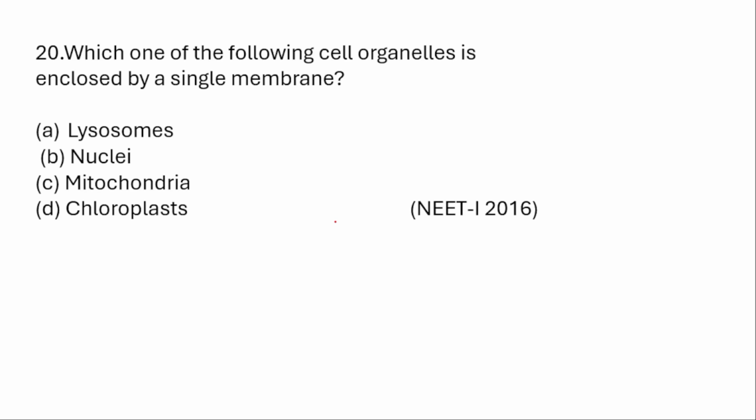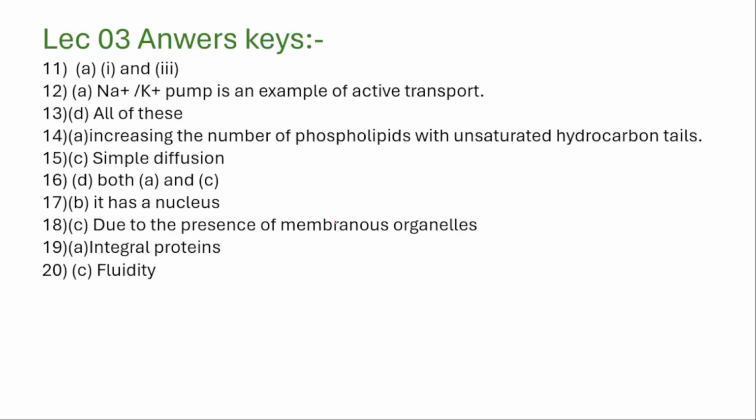NEET 2016. So these are all the 10 questions which are homework for you. Prepare your answers so that you can check them in the upcoming class. From the last class, whatever I asked you to do, the homework answer is this one. You may check your answers.